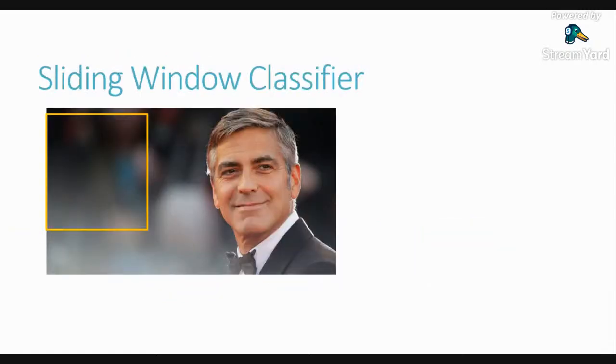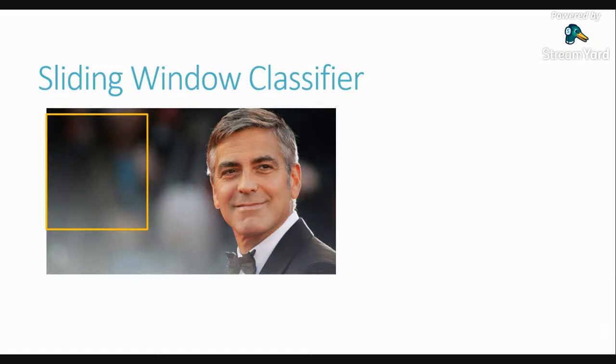Before proceeding with the actual face detection, I would like to say something about the sliding window classifier. Many of you might be aware of it, but let's go over it. Let's say we have a very big image. In the images we saw earlier, the images were small and it was obvious that there was a face, but in the real world we will have big images.